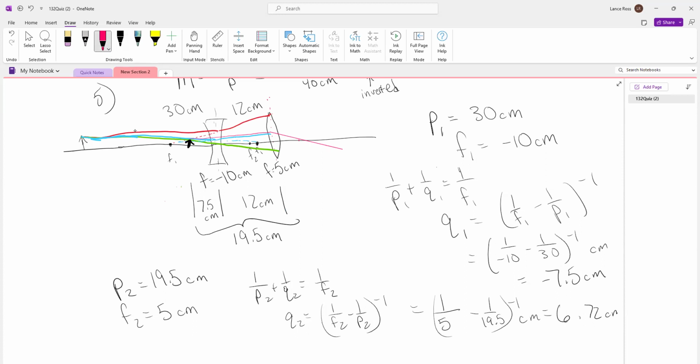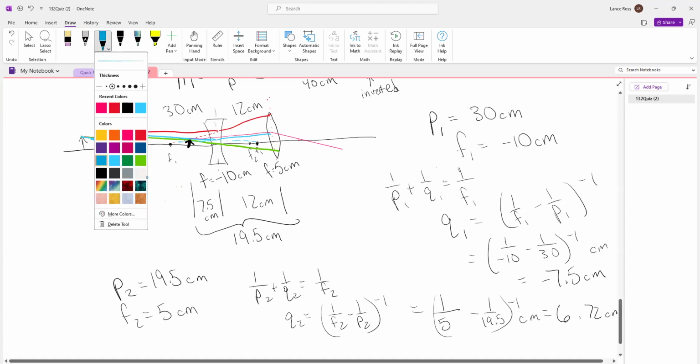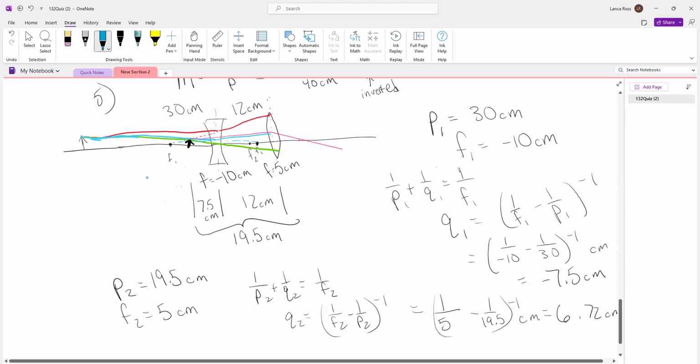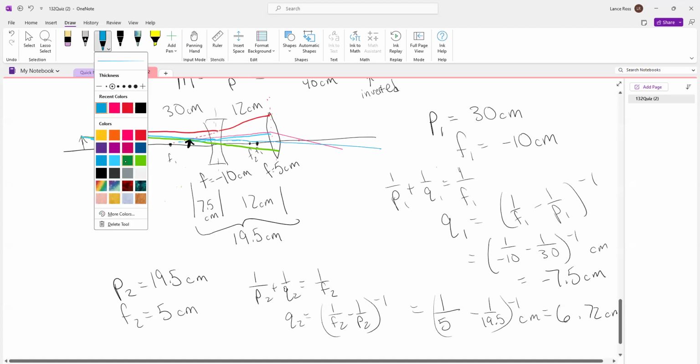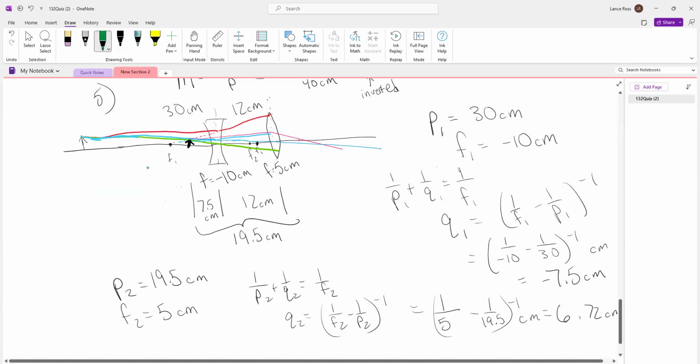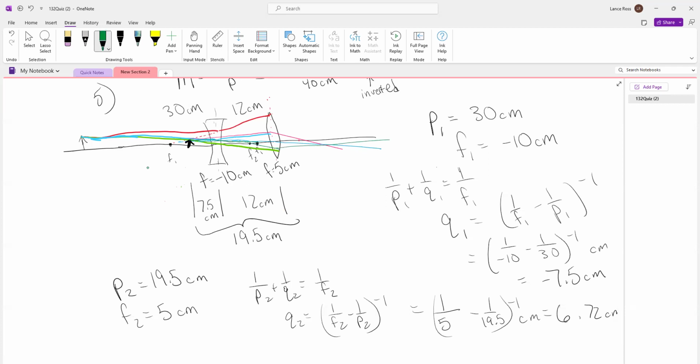For my blue, let's use a darker blue, through the center straight. And for the green, we'll use a darker green. This one should be in through the focus, out parallel.